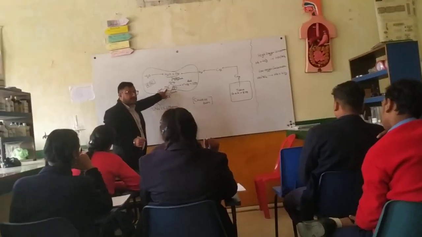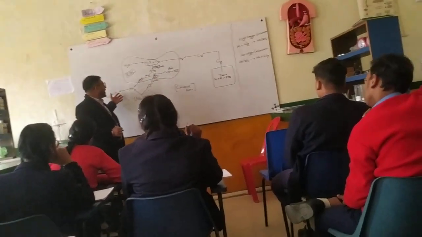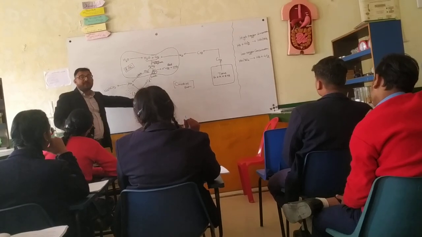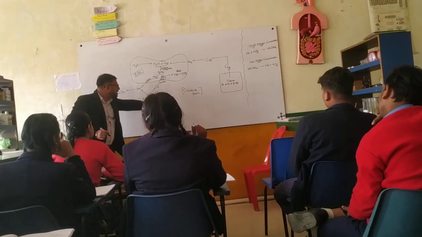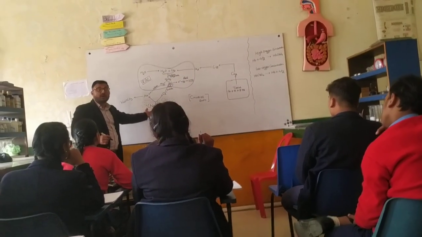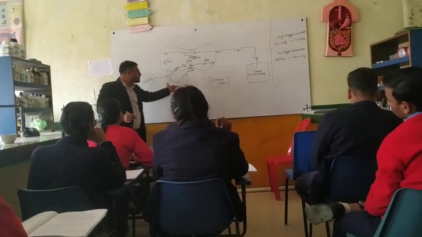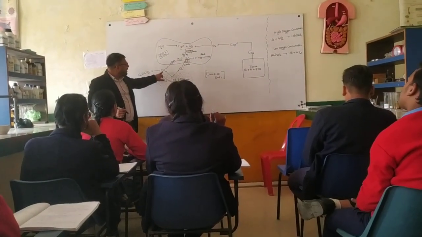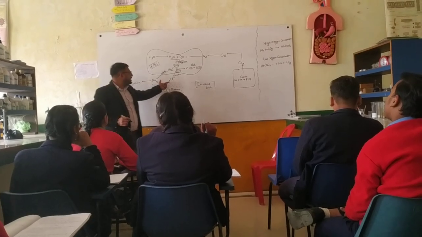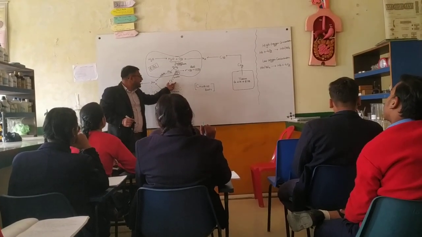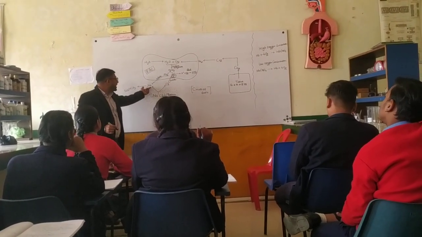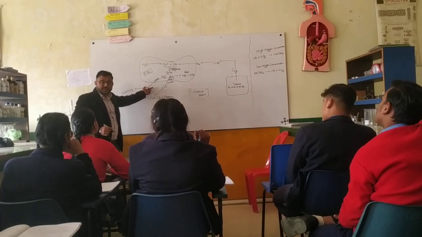Now this HCO3 comes out from the RBC and reaches the plasma, because this plasma consists of one salt, that is called NaCl. This NaCl is broken down into two parts: one is sodium, another is chloride. This Cl is in negative charge and sodium is in positive charge.